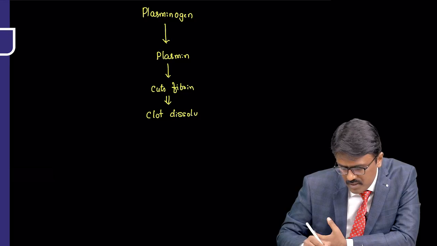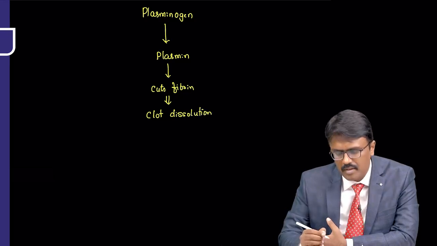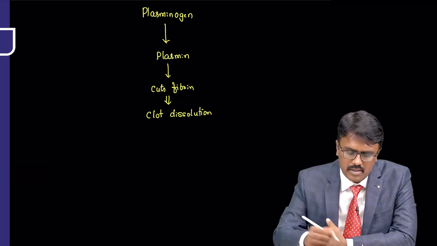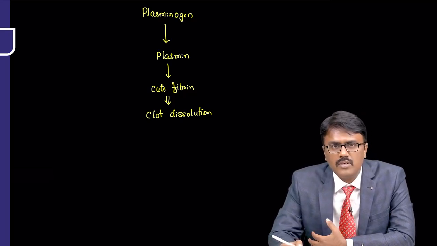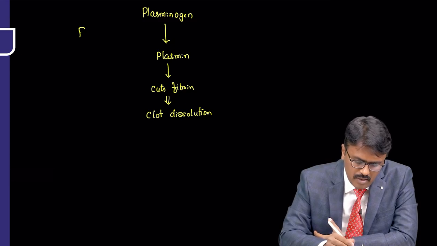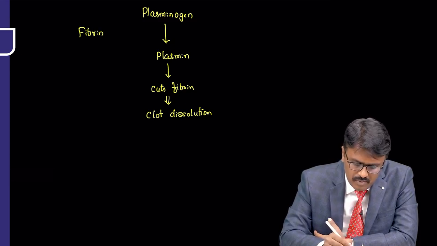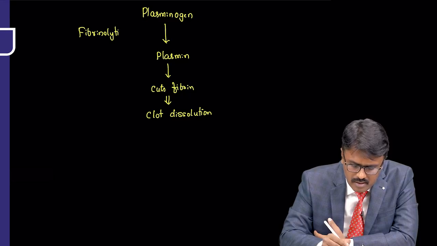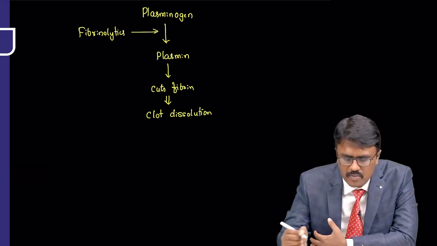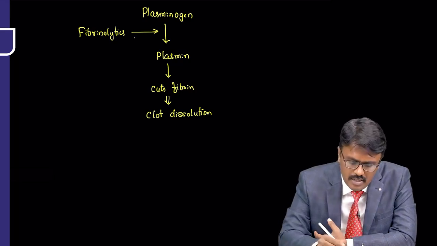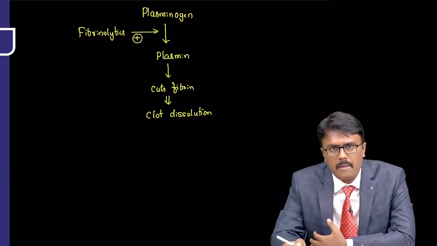This is what happens naturally, but it takes time. So when we use drugs, the drugs will convert plasminogen to plasmin. What do fibrinolytics do? The drugs convert plasminogen to plasmin. This is enhanced by the fibrinolytics.